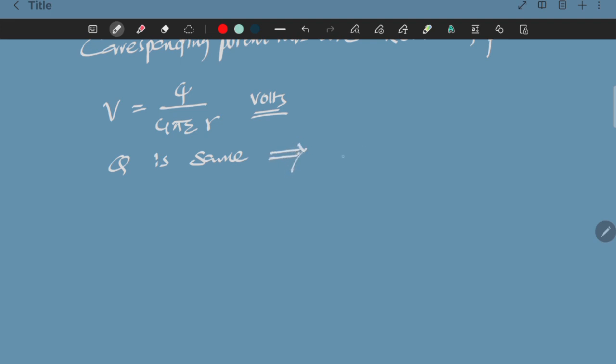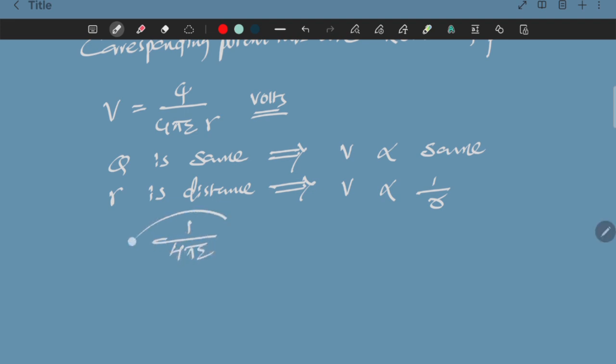Then how you need to observe: potential is proportional to source. R is the distance. So V is inversely proportional to distance, 1 by R. Then you keep on seeing, starting from Coulomb's law, in the electric field, you will be having 1 by 4 pi epsilon.